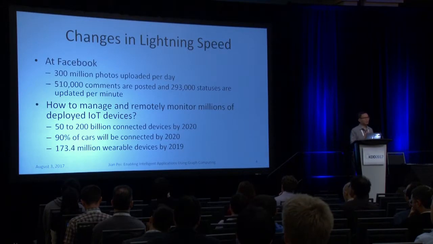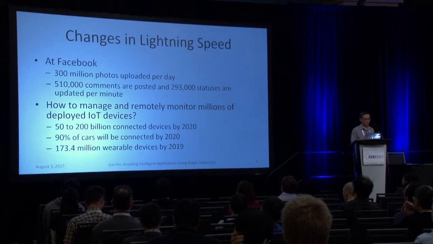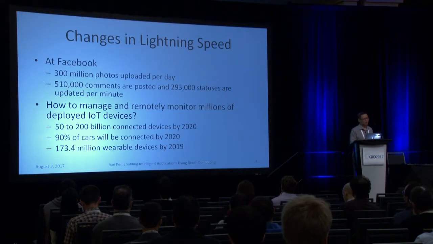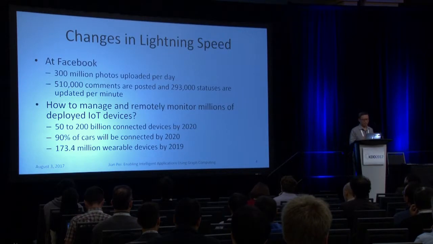Now, the technical challenge is really how to manage and remotely monitor millions of deployed IoT devices in the network, okay? And the application scenarios include the Internet of Cars.